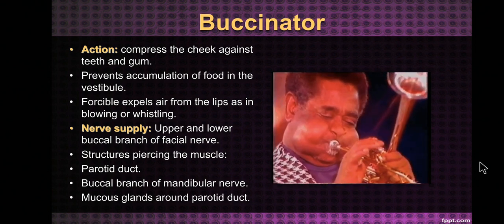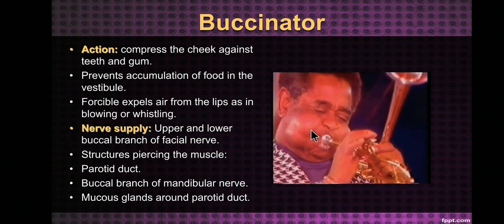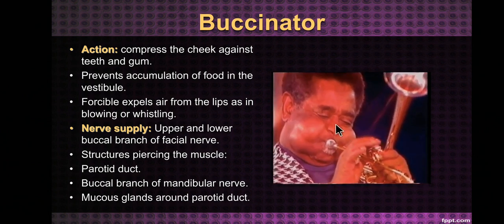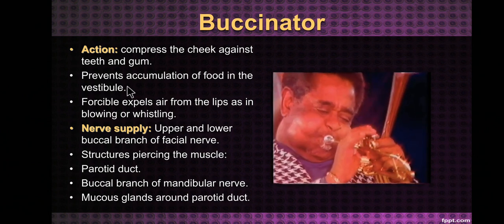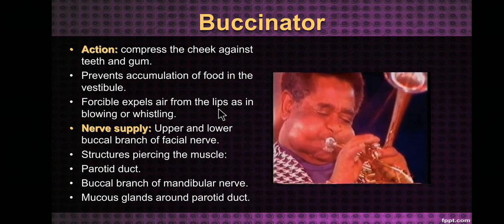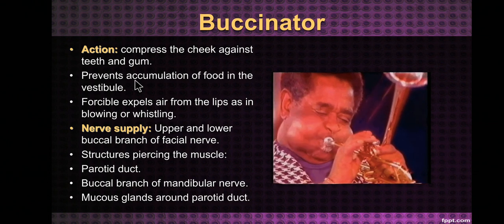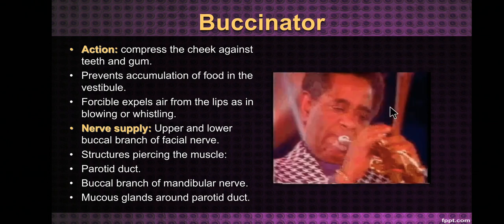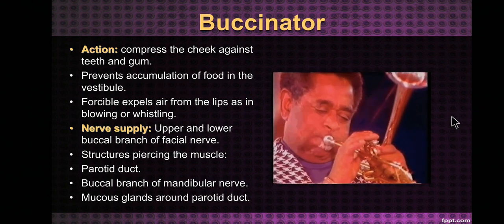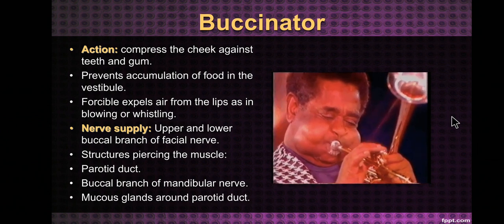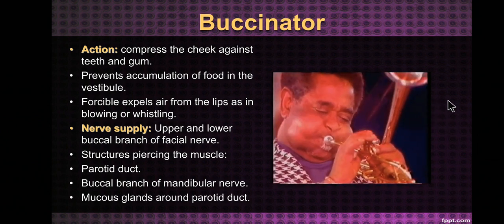It is also called the blower's muscle or trumpeter's muscle, for expulsion of air from the lips as in blowing or whistling. Its main function is to prevent accumulation of food in the vestibule, that is between your cheeks and the teeth, the vestibule of the mouth.